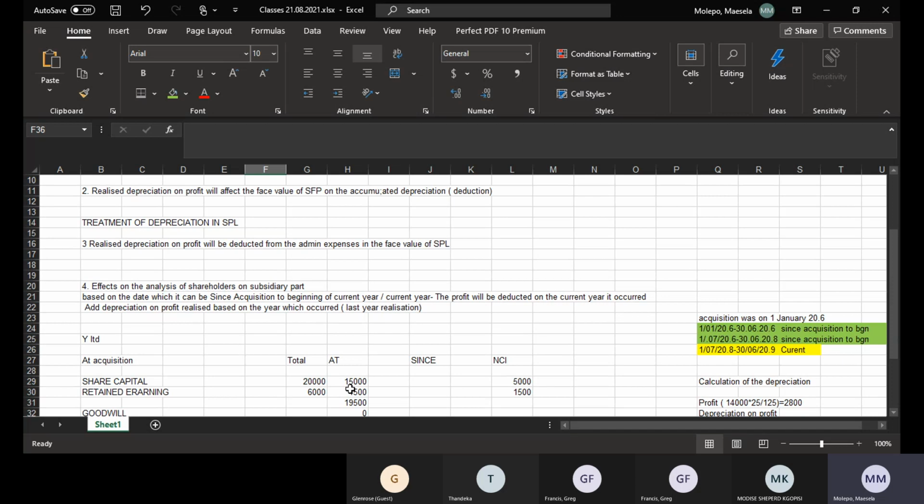And then the depreciation realized during the current year will be added in the current financial year. Is there anyone who has a question before we go to one of the exercises?